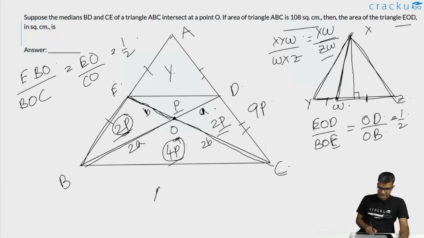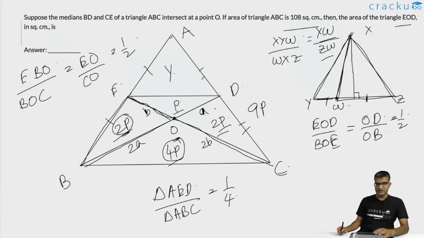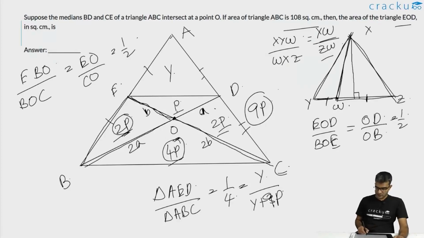Now we know that area of triangle AED divided by area of triangle ABC is equal to 1:4. We'll come to that. Right now just accept that it will be 1:4. So this would imply that y divided by y plus 9p is equal to 1:4. Or if you simplify this, you will figure out that y is equal to 3p.